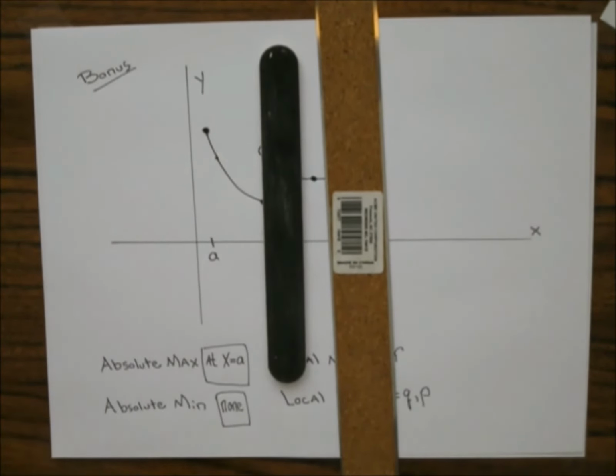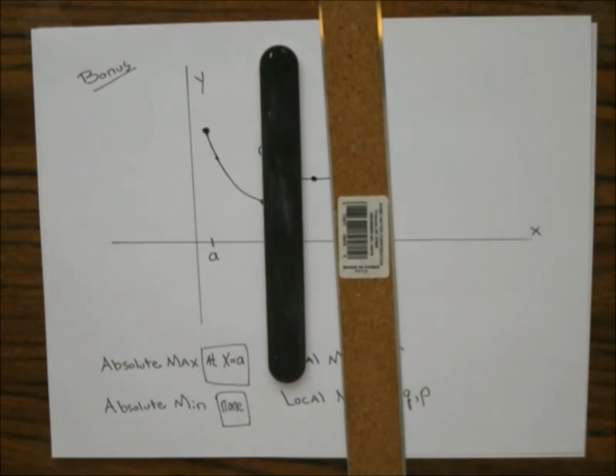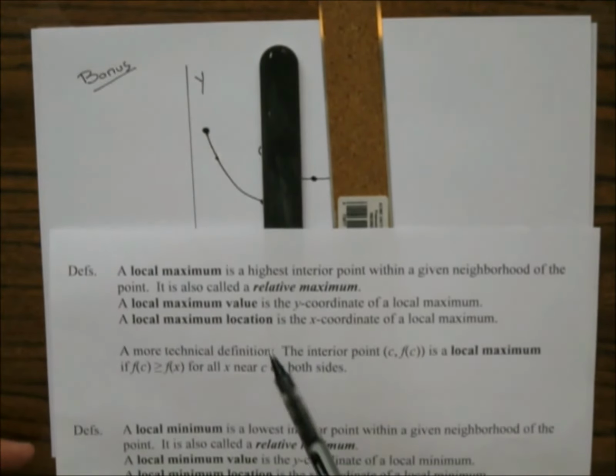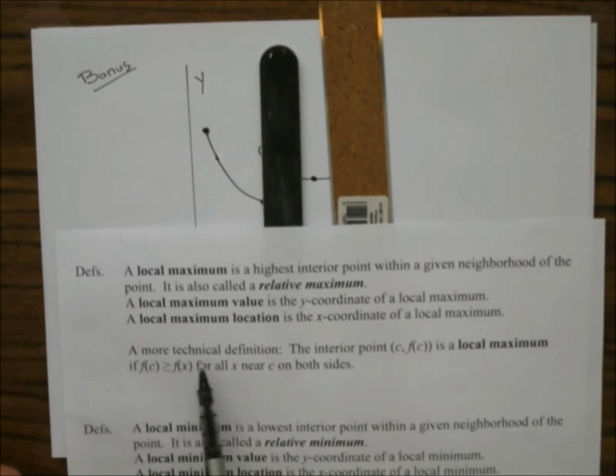If you go back to the definition, I don't even know if I can find the definition. Here it is. Let's take a look at the local max. It's the highest interior point within a given neighborhood of the point. But look at this, a more technical definition.